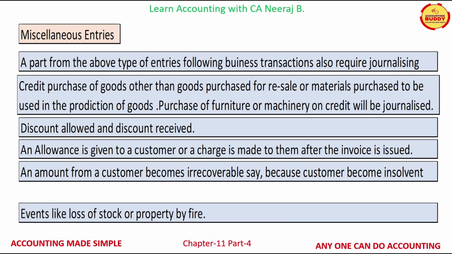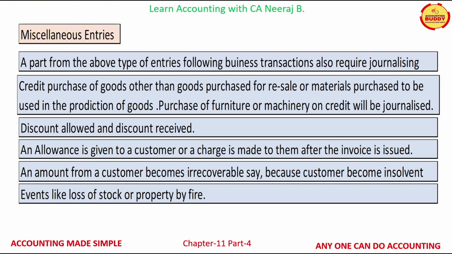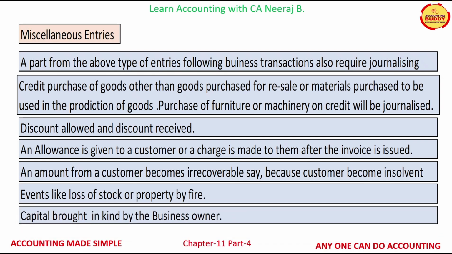Business also sometimes needs to pass a journal entry in the event of loss of stock or property by fire. Sometimes the owner brings capital in kind. Such an instance also needs to be recorded via journal entry.